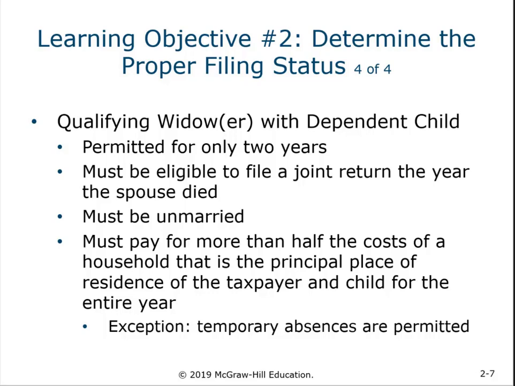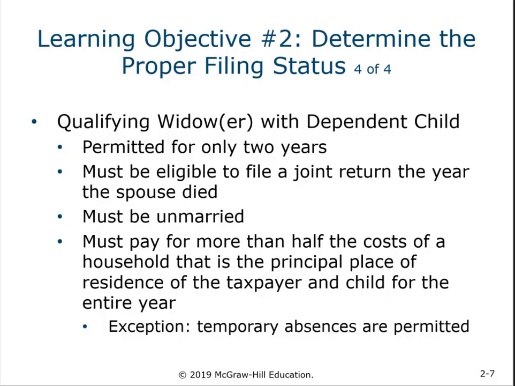But if you are supporting a child, meaning in your home, then you get a break, if you will. And they say you can use the married filing jointly status for 2 more years.